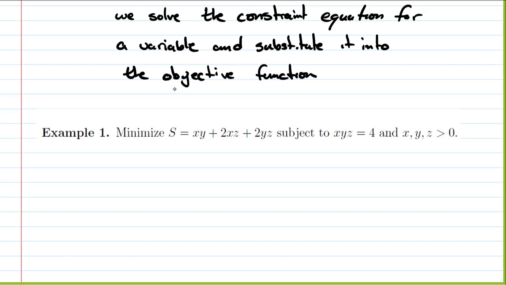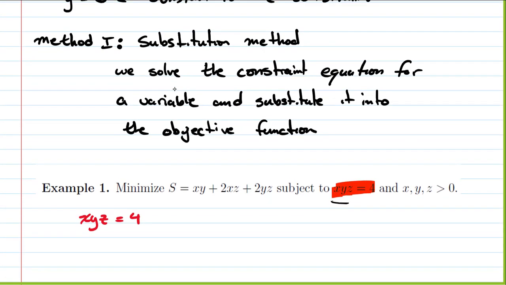So this is going to be our constraint function right here. So if we take xyz and we set it equal to 4, we're going to solve for a variable and substitute it into the other equation.